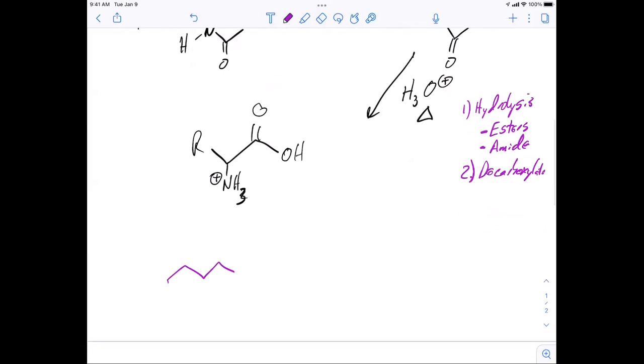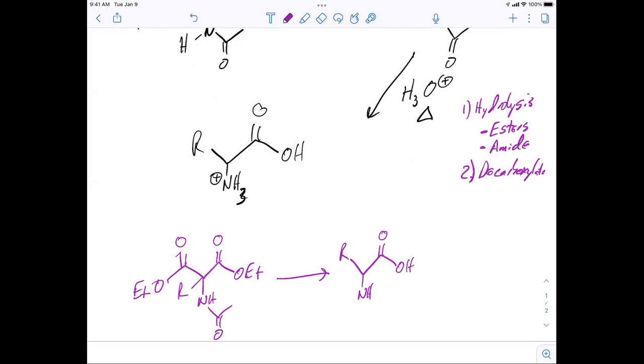So if we look at the process here, oh, I meant to show the middle process and I went all the way to the end, sorry. So what happens with the H3O+, right, is that we get the hydrolysis, right?